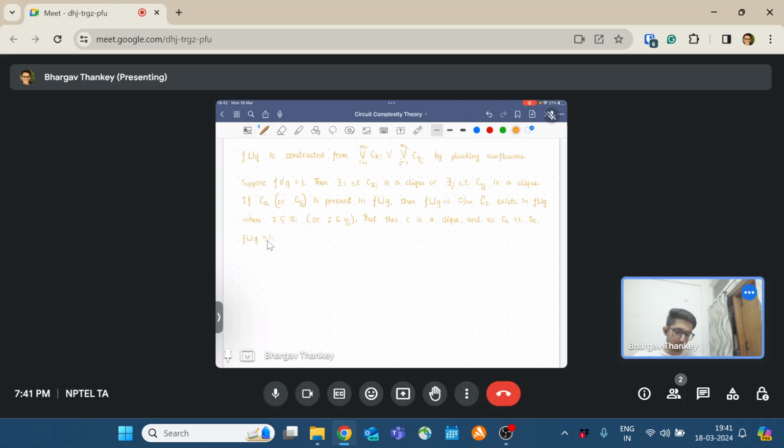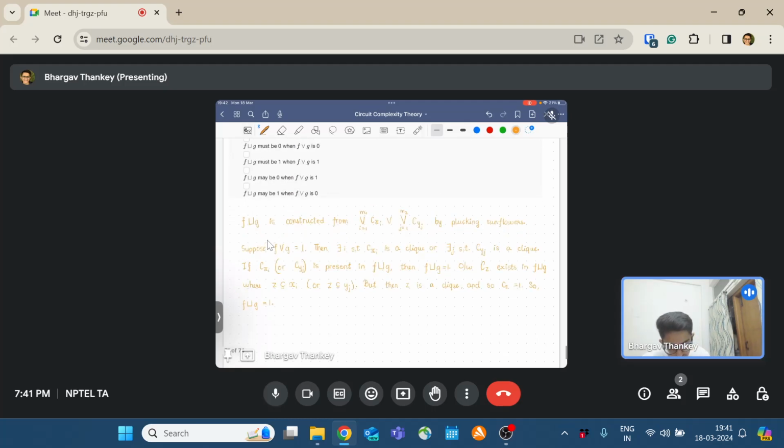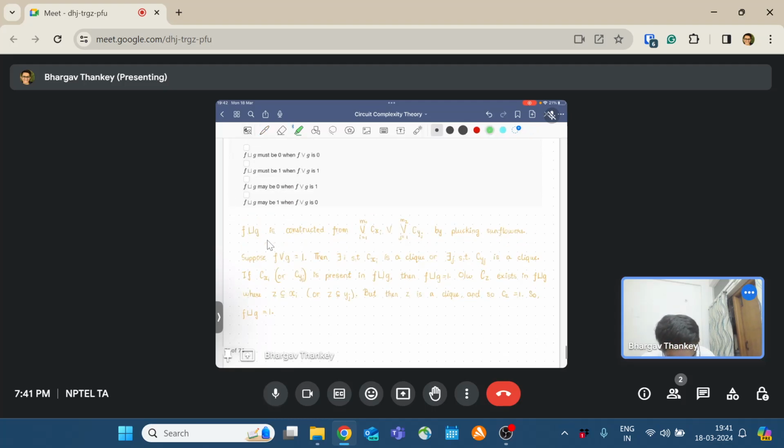So whenever F or G is 1, F ⊔ G should also be 1. So this is true, and D is also true. So F ⊔ G may be 0 when F or G is 1 contradicts this, so this can't be true. Now we need to look between A and B.